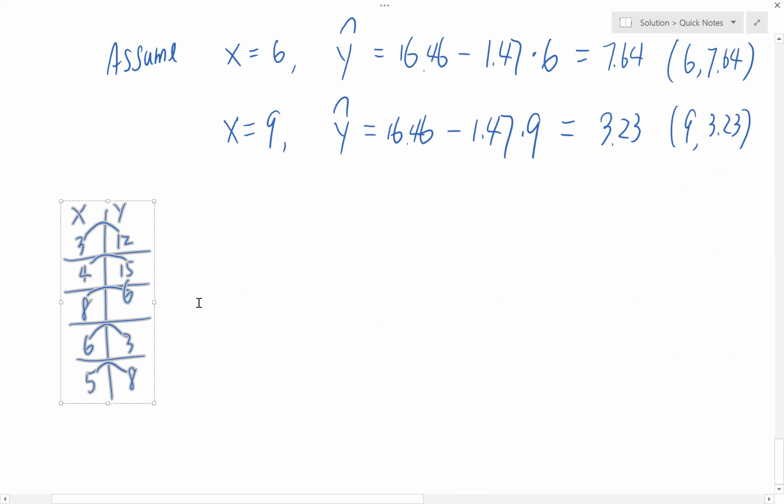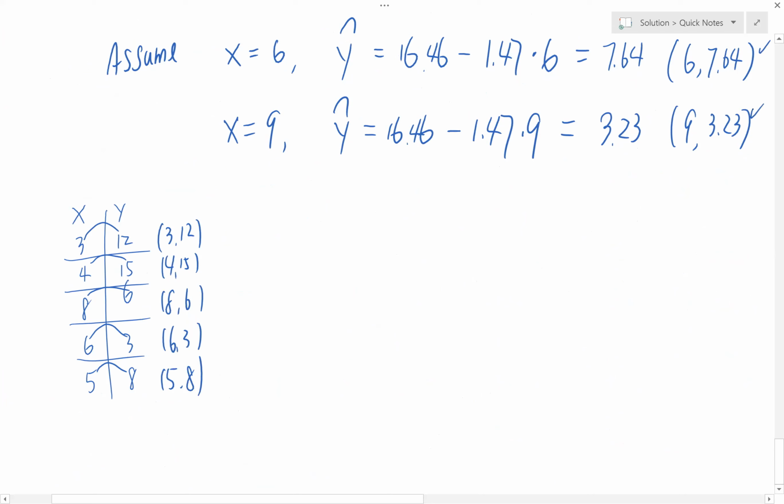So this is the table itself. We have 5 ordered pairs, and this is 2 ordered pairs for the best fitting line. We're going to plot that later, but let's just plot this first.